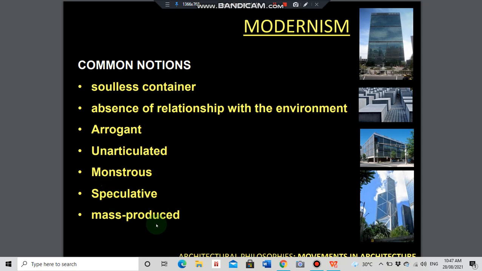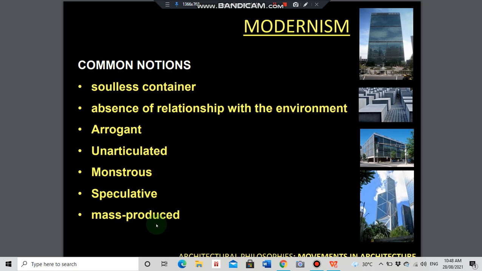So we can link this to materials used by modernism or modern architecture, wherein it is mass-produced, means manufactured in large quantities by an automated mechanical process. No?